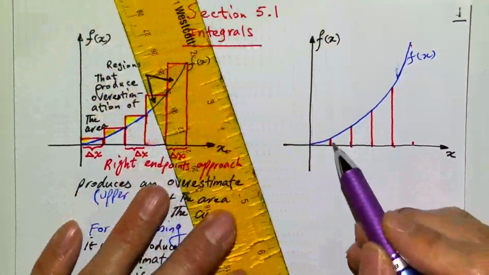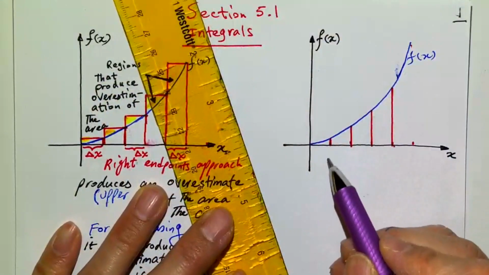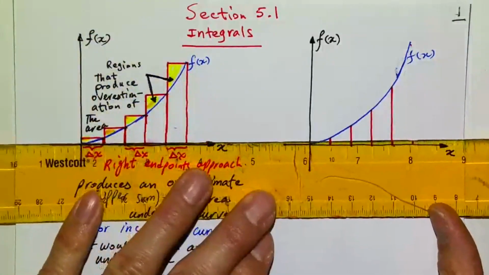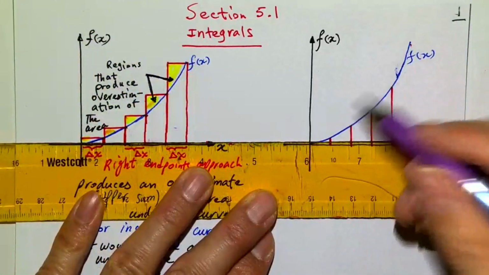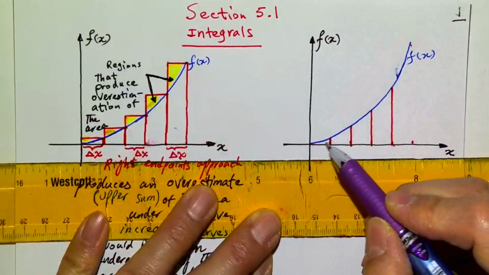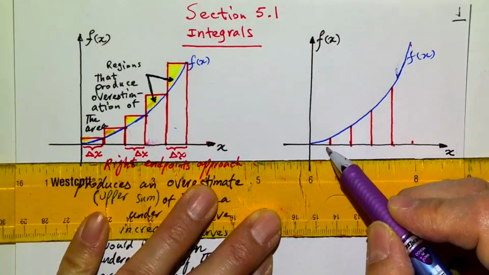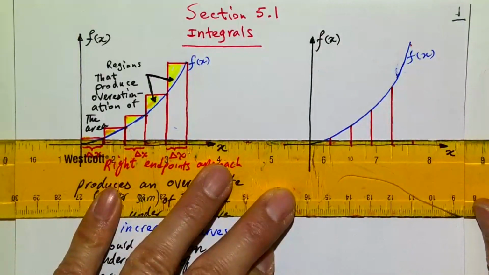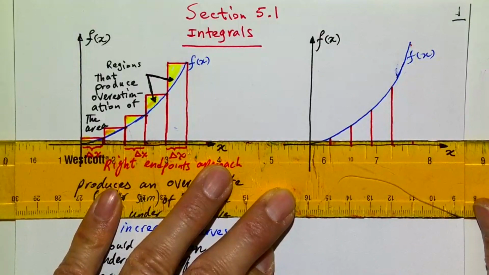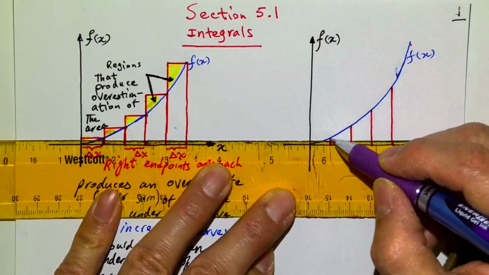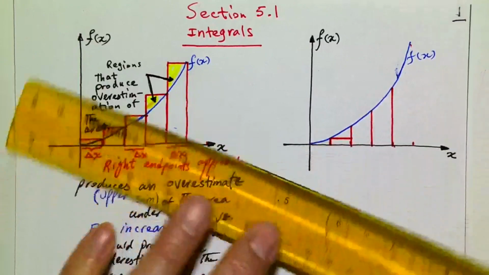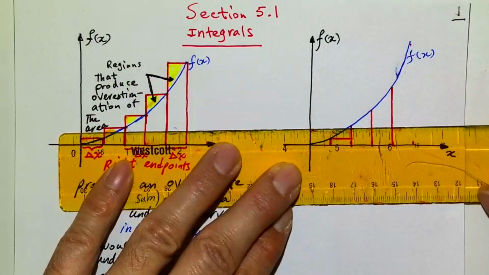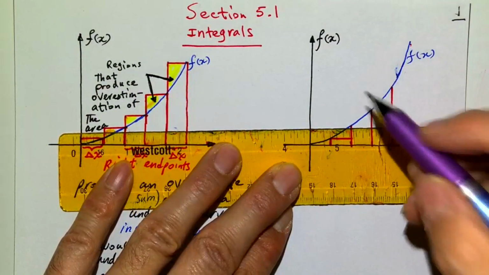So this time, because we're using the left side, we will have this rectangle. This corner, you can already see it's not going to count. Even though it's under the curve, it's not going to count because we're using the left corner points to create our rectangles. So that, and then the left corner of this rectangle. I might have to draw another one here. I will do it in a second.